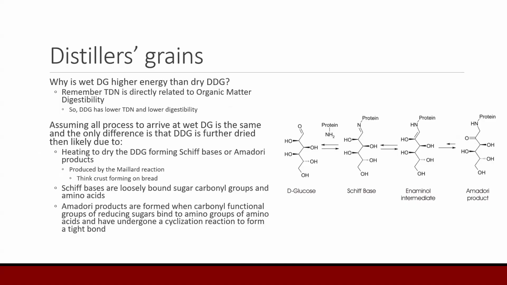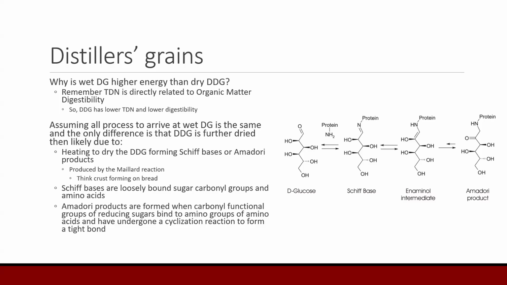So why is wet distillers grains higher in energy than dried distillers grains? Beyond just the fat content of those distillers grains, it's largely driven by, so TDN is directly related to organic matter digestibility. Okay. So how much of that organic matter in that feed is available for that animal to use? Okay.